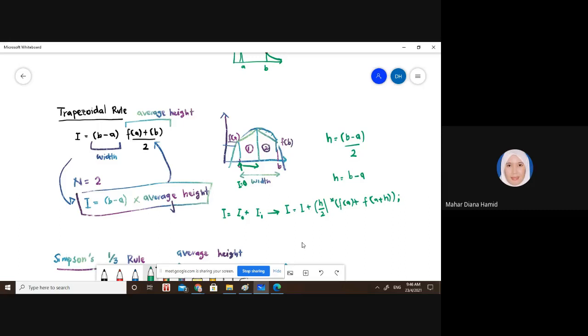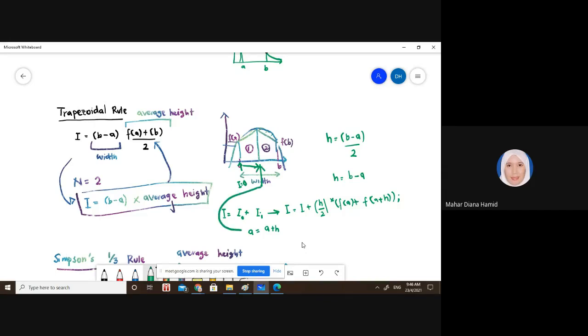So this corresponds to the first segment, and after we have calculated the first segment, we are going to calculate the second segment. For the second segment, the lower limit would be a plus h.